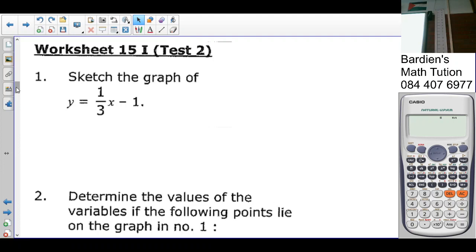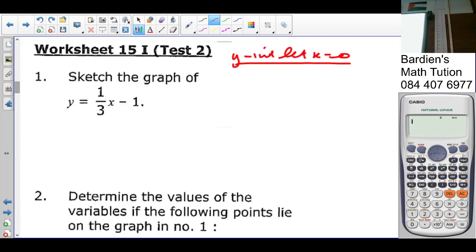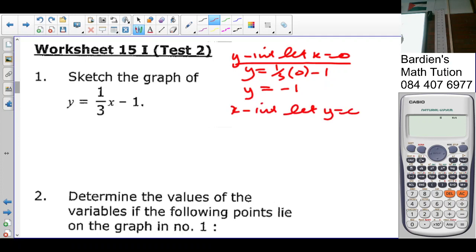5i test 2. Sketch the graph of, again, how do we sketch the graph? What do you do for y-intercept? Let x equal to 0. So y is equal to a third times 0 minus 1, which is negative 1. X-intercept. What do you do for x-intercept? Let y equal to 0.